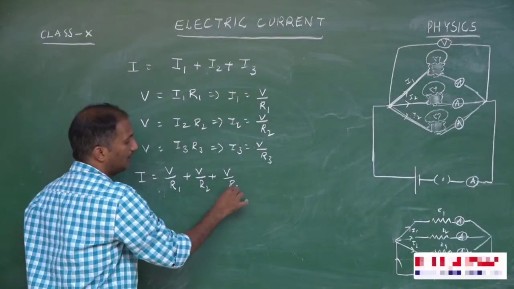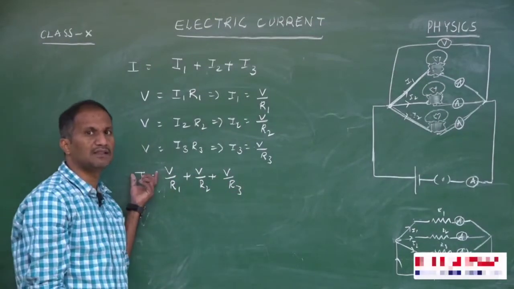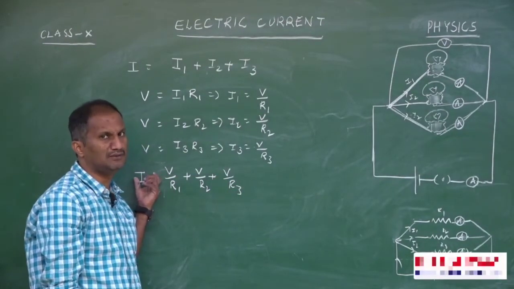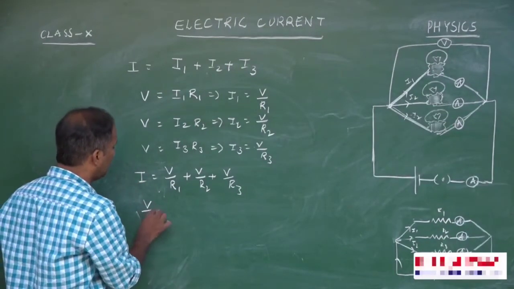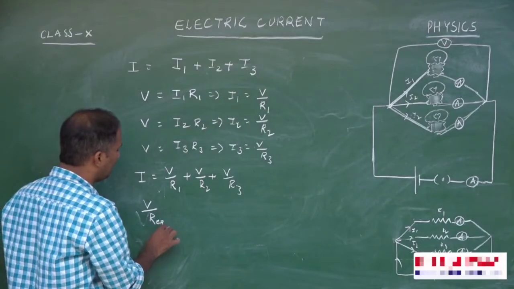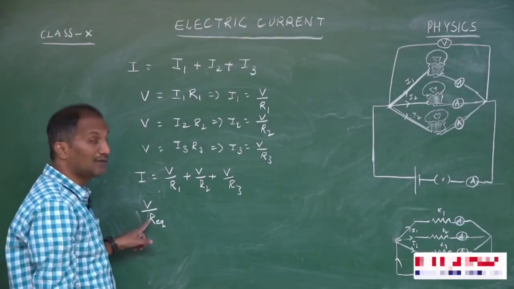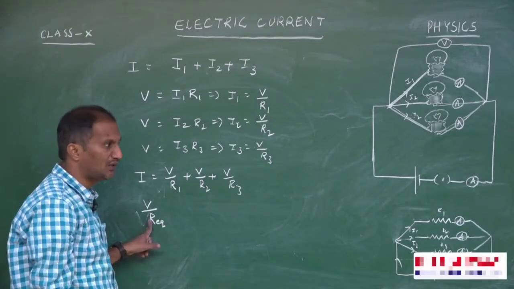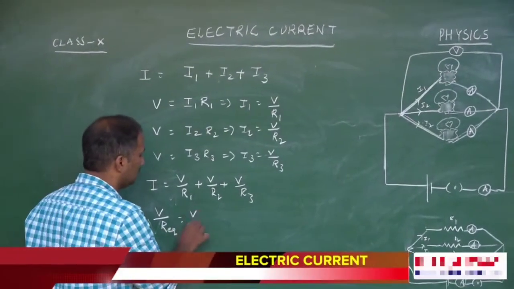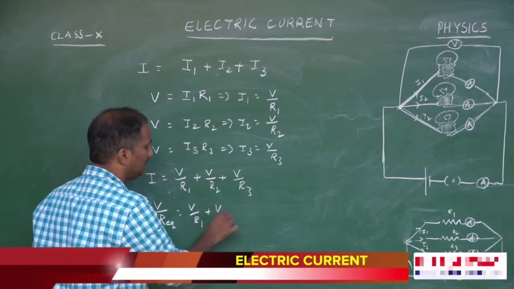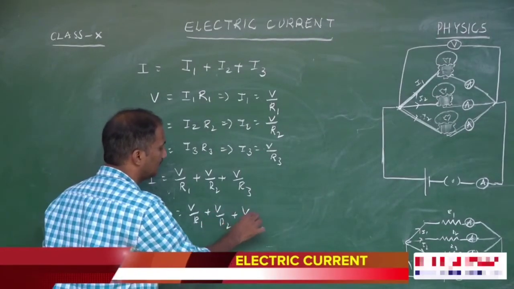The total current flowing through the circuit is I equals V by R equivalent, where equivalent resistance means the total resistance in the circuit. That equals V by R1 plus V by R2 plus V by R3.